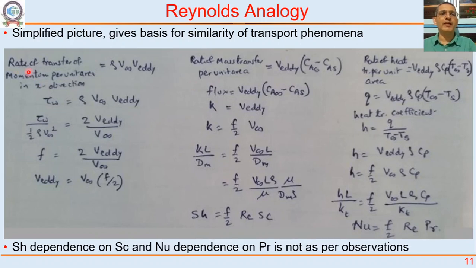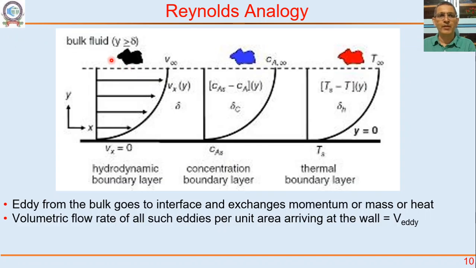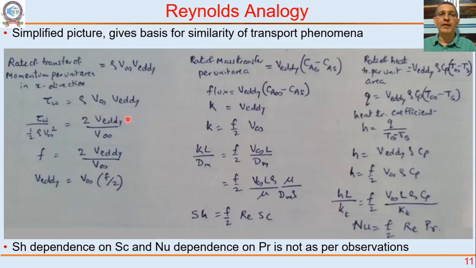So rate of momentum transfer per unit volume, rho into V infinity in the x direction. That's the momentum that this eddy is carrying in the x direction. When it travels to the surface, volumetric flow rate per unit area that it travels with is this V eddy. So transfer of momentum per unit time, per unit area is rho V infinity V eddy. Momentum transfer, macroscopic balances, lectures 2, lectures 3.